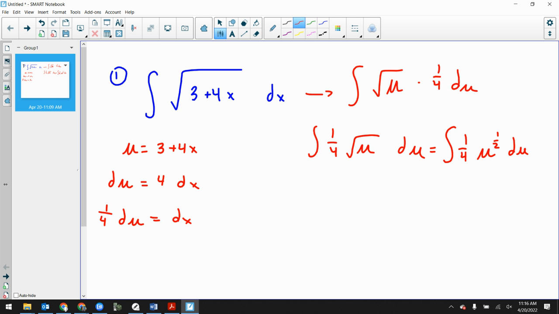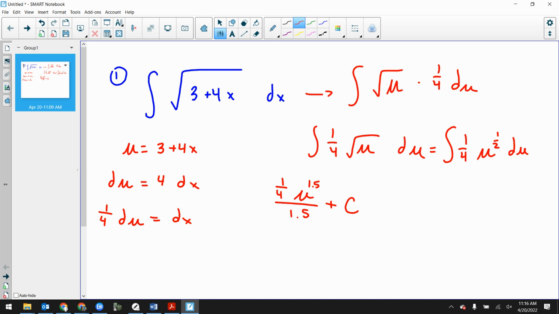And now I can do the antiderivative pretty easily, right? So this is 1/4 u to the, and I'm okay if you use fraction powers or decimal powers. It really doesn't matter that much to me. So 0.5, 1/2 is going to turn into 1.5 divided by 1.5 plus c.